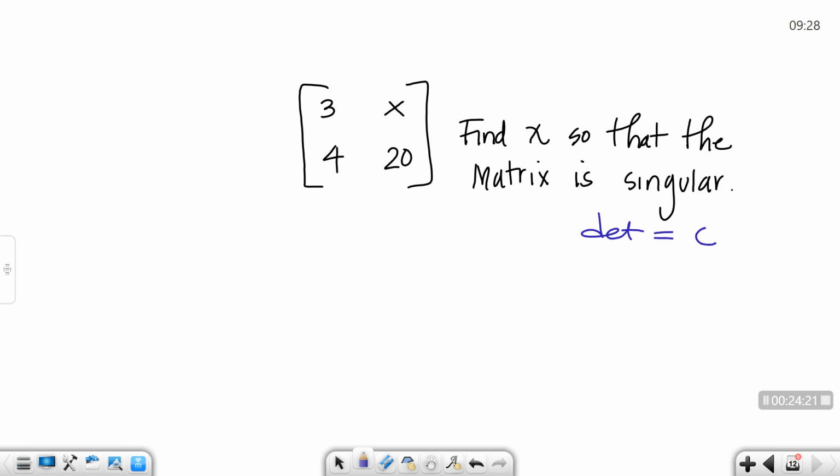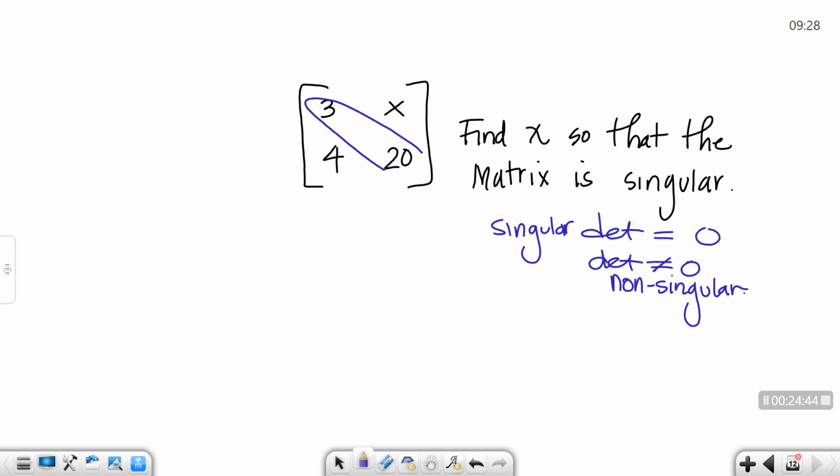So if the determinant is 0, it is singular. If the determinant is not 0, it is non-singular. Okay, so be careful to read that part carefully on your test or quiz or homework or wherever you got it. All right, so let's find the determinant.